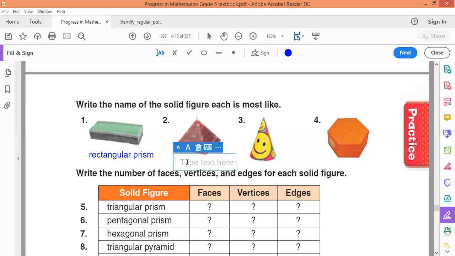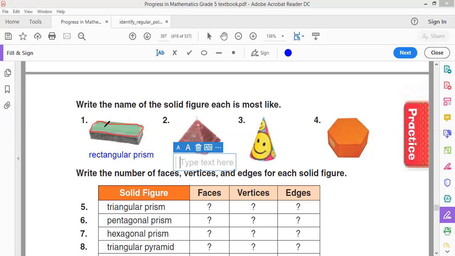Teacher, I didn't understand rectangular prism. Just a minute. Muhammad and Maaz, both, what is this shape? Answer me. What is this shape, Maaz? Tell me.